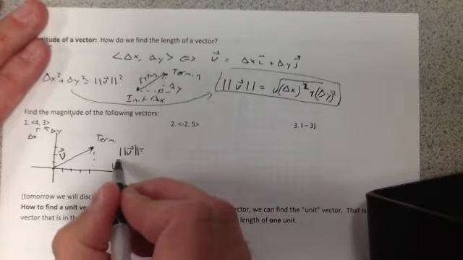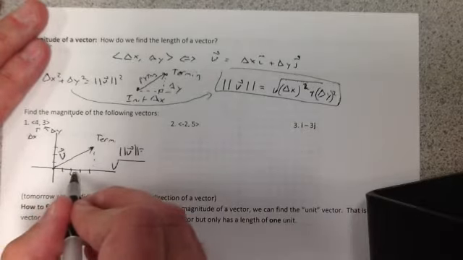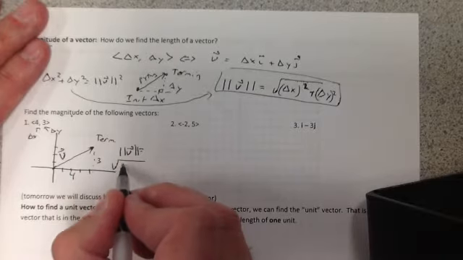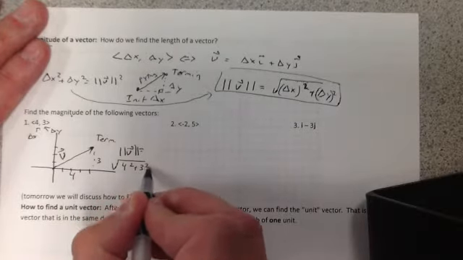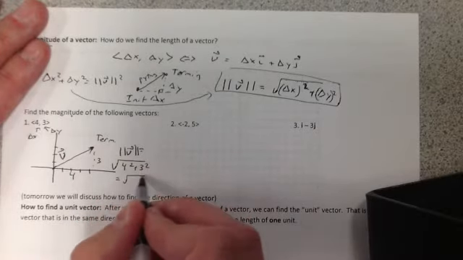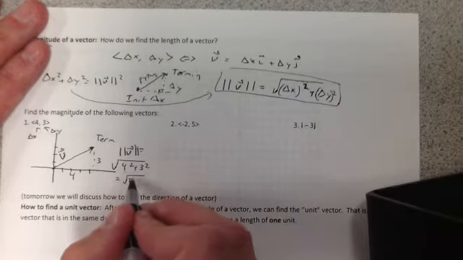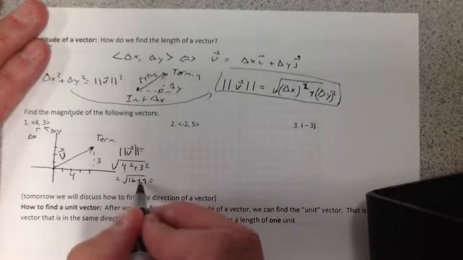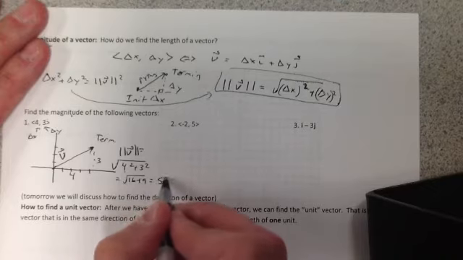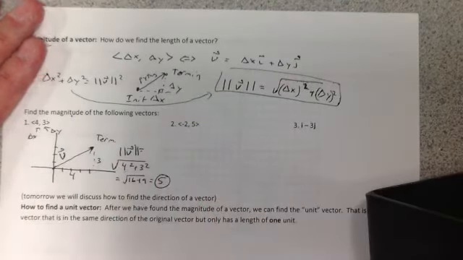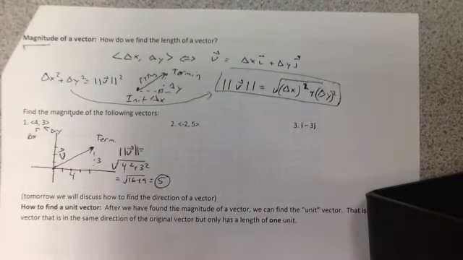It equals the square root of, well, this is 4 and 3, so it's going to be the square root of 4 squared plus 3 squared, which is the square root of 16 plus 9. Please don't do 4 plus 3. That is the square root of 25, which is 5. Its magnitude is 5. That's its length.